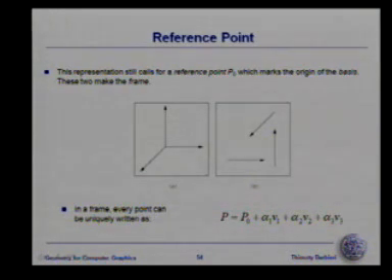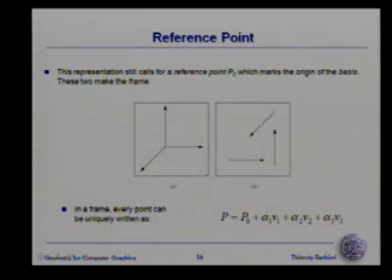If you put together the idea of the basis plus the reference point, well, a vector basis plus a reference point is called a frame. Not to be confused with frame in terms of refreshing the screen every so many times per second, a frame per second. It's not that frame.